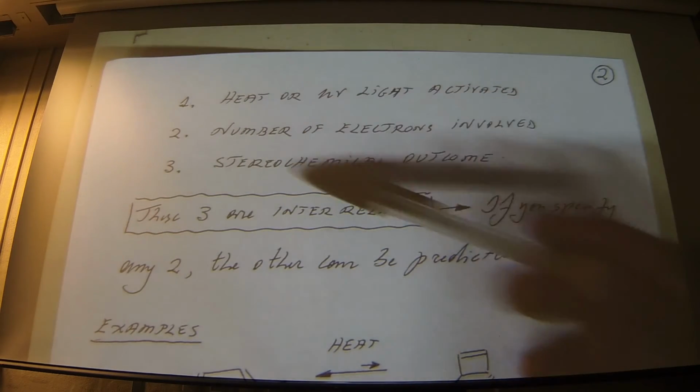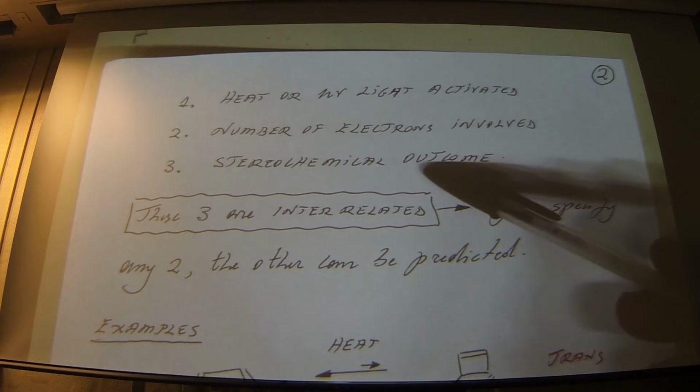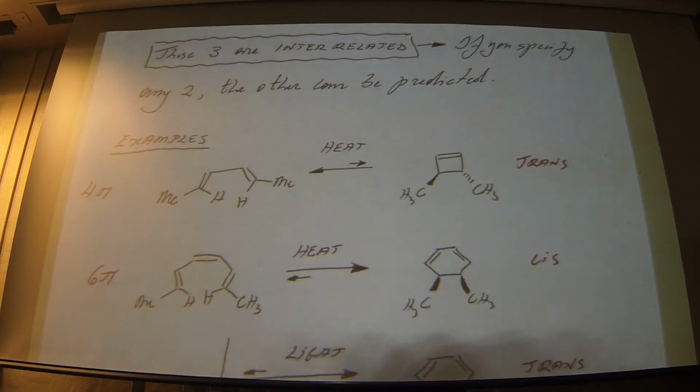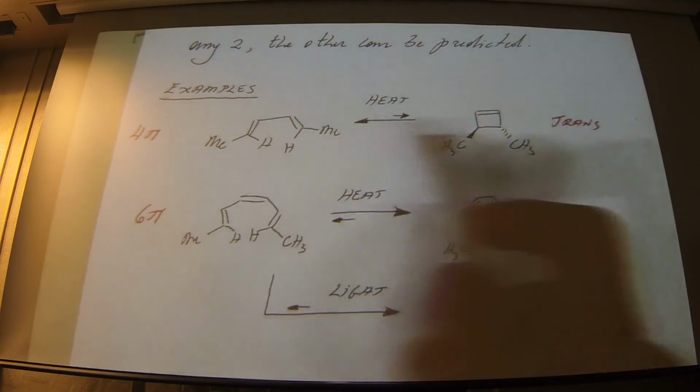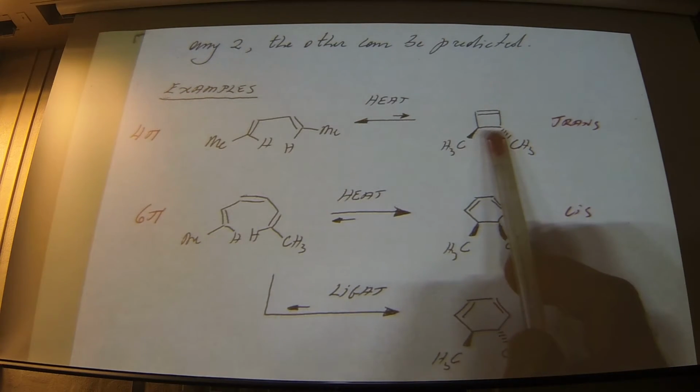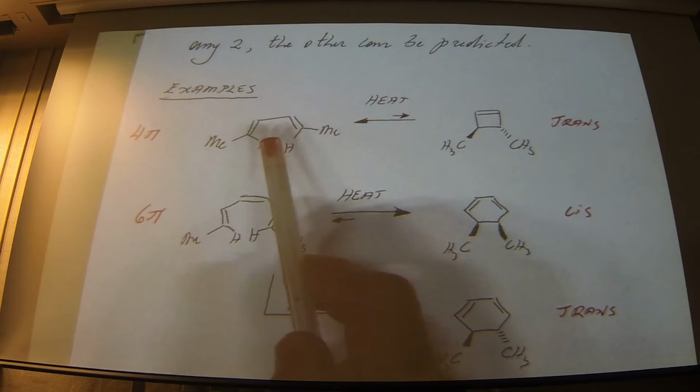And so this was understood a long time ago. People kind of put this much together. They kind of knew that, okay, you get this many electrons, heat, you get this. They didn't know why. So let's see some examples. This is the example I showed you. If I take this trans dimethylcyclobutene and I heat it, I end up with this compound.